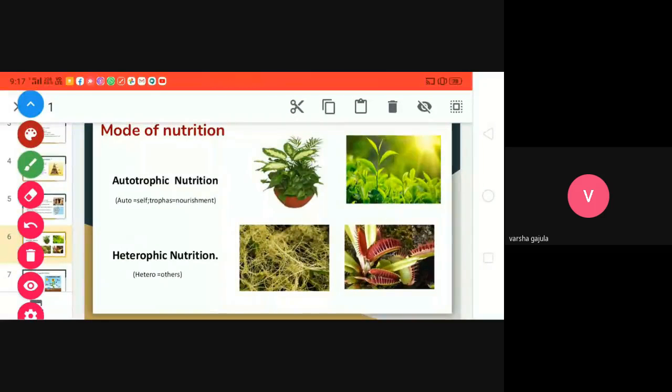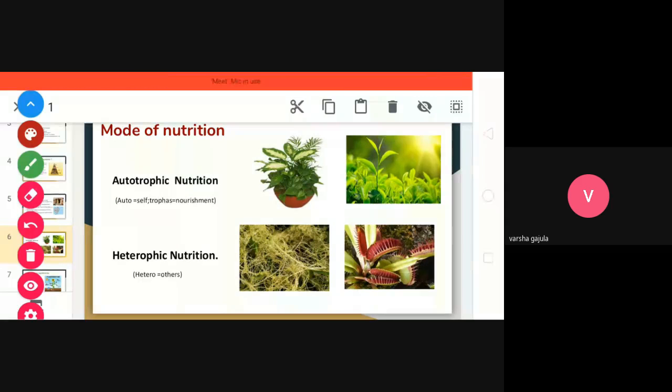So heterotrophic nutrition means organisms which depend on others to get nutrients. Hetero means others. For example, take human beings.